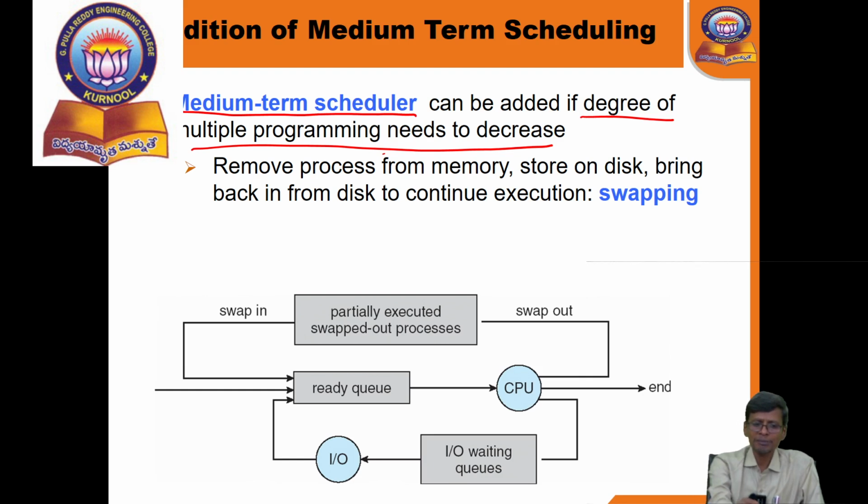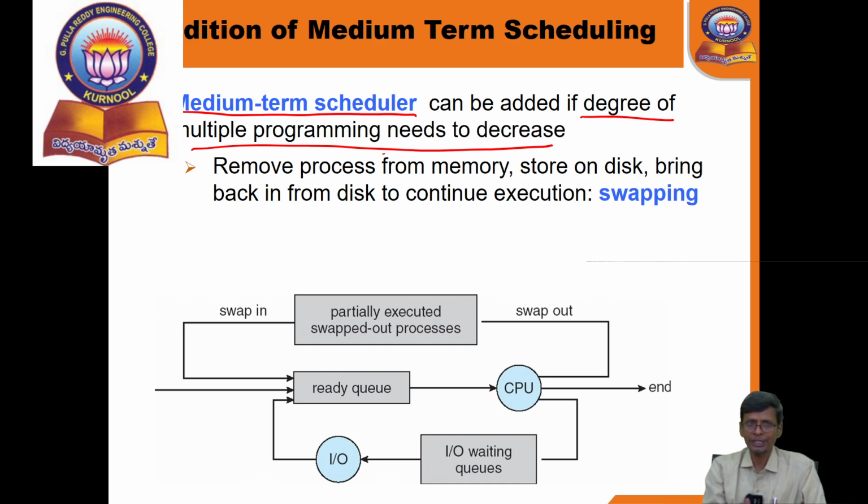How this medium term scheduler decreases the degree of multi-programming is this: whatever processes are not required for execution. It means a process started execution and it is waiting for IO. Whenever it is waiting for an IO device, instead of waiting in the main memory, the space allocated for that process will be wasted. So at that time, the process will be taken out from the main memory and stored on the disk as a backing store.